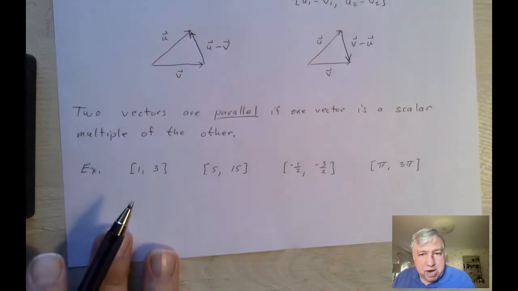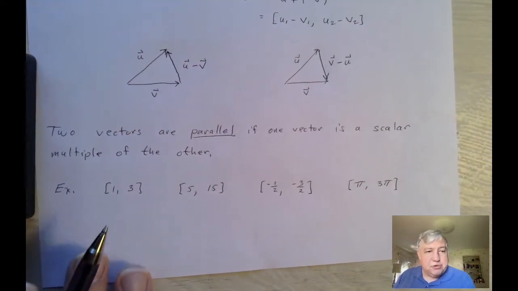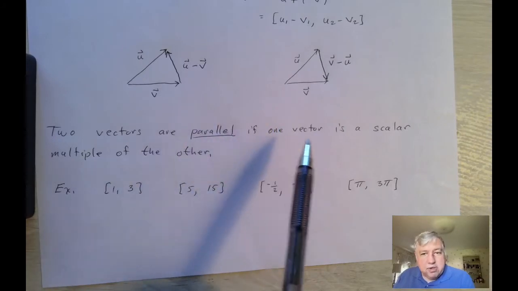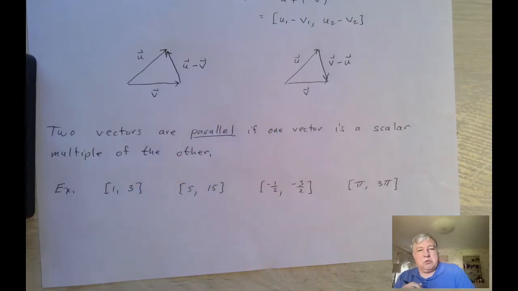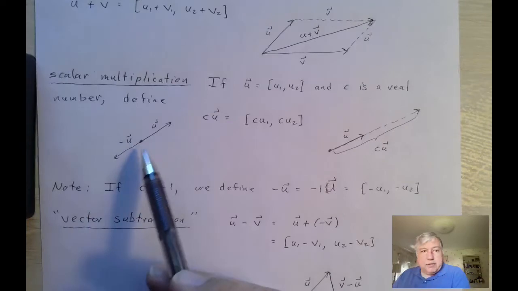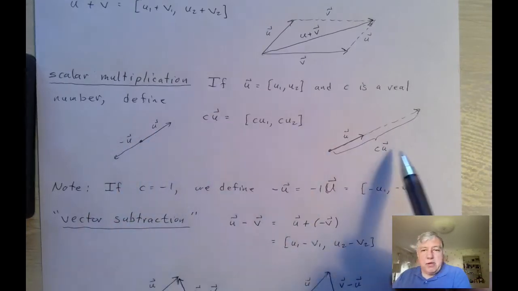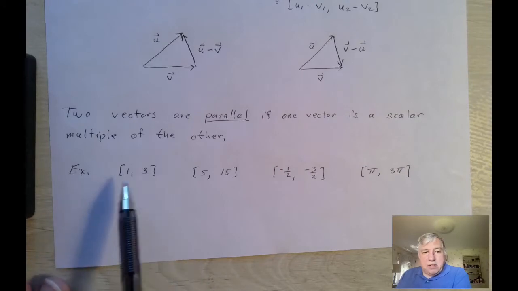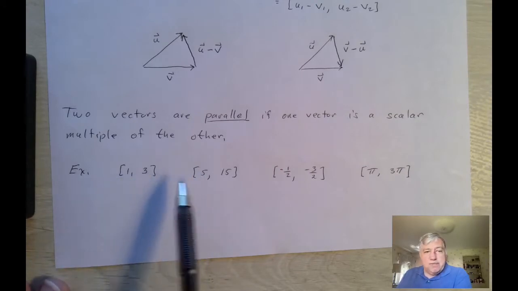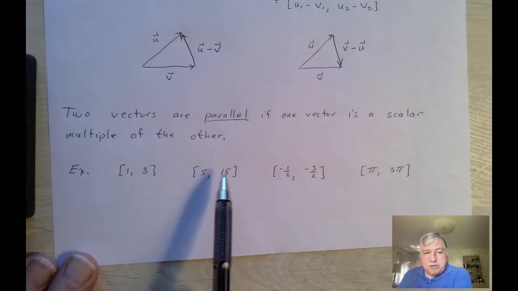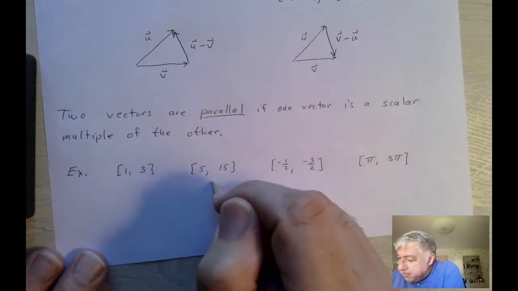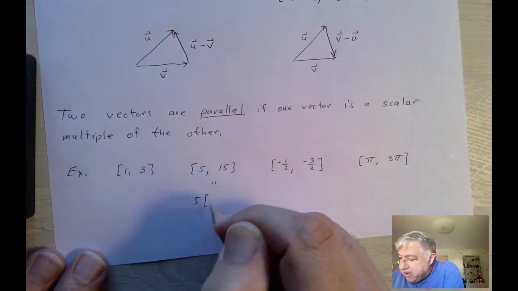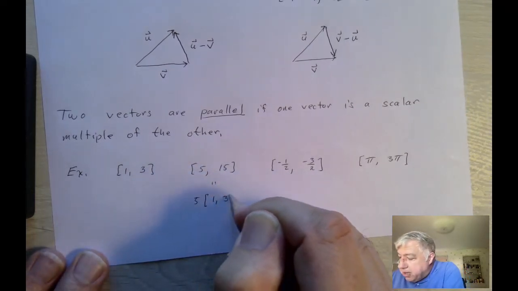Now, I mentioned parallel vectors. We say two vectors are parallel if one vector is a scalar multiple of the other. You can see that these two vectors are parallel, and so are these. This vector and this vector are parallel because 5, 15 can be written as 5 times 1, 3.